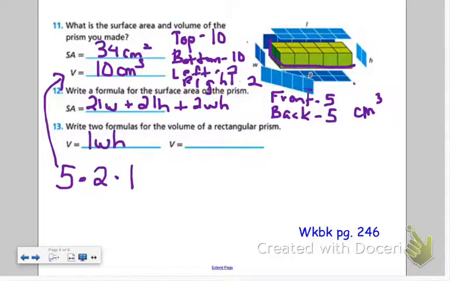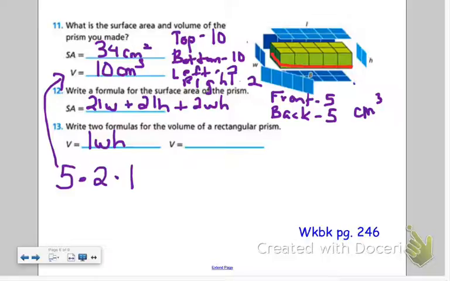Another way you could look at it is if you know the volume of just one layer of your prism, you can figure out the volume for any number of layers of the prism. We've got this rectangular prism here, where it's 2 by 5.